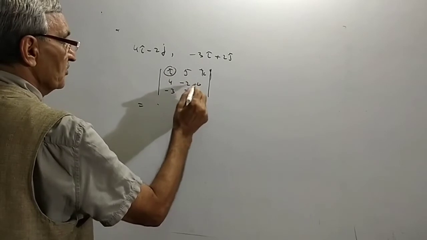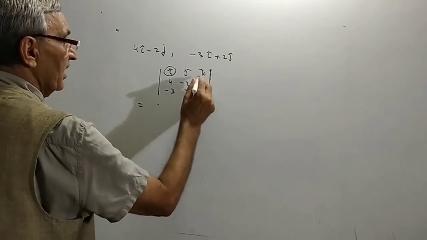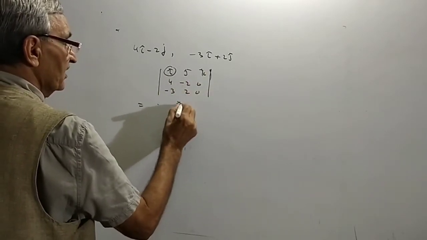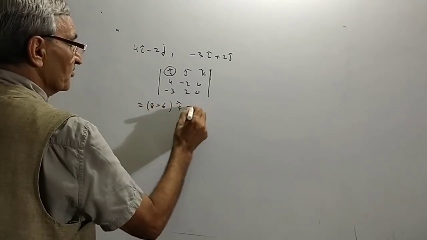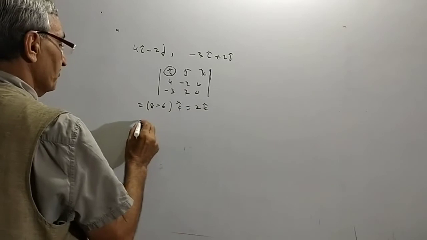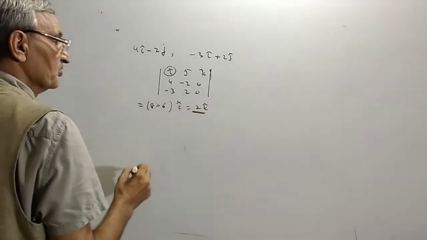In the case of j, this is also equal to 0. For k, it will be 8 minus 6, which is equal to 2k, and therefore this is perpendicular to both of them.